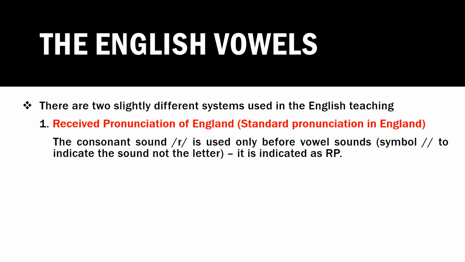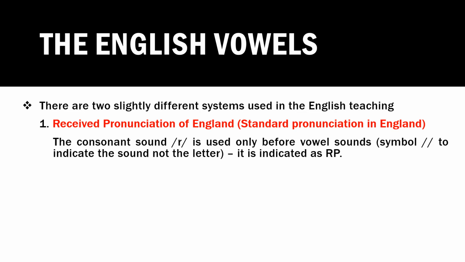The important difference between RP and other pronunciation is that the consonant sound of R is used only before vowel sounds in RP. So, in received pronunciation, they will never use the consonant sound of R after a vowel.